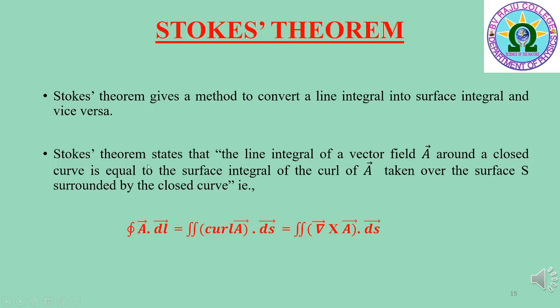Stokes theorem states that the line integral of vector field A bar around a closed curve is equal to the surface integral of the curl of A bar taken over the surface S surrounded by the closed curve. That is, line integral of A bar dot dl bar is equal to surface integral of curl A bar dot ds bar, that is equal to surface integral of del bar cross A bar dot ds bar.